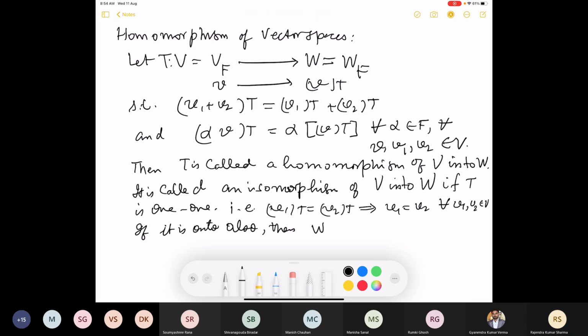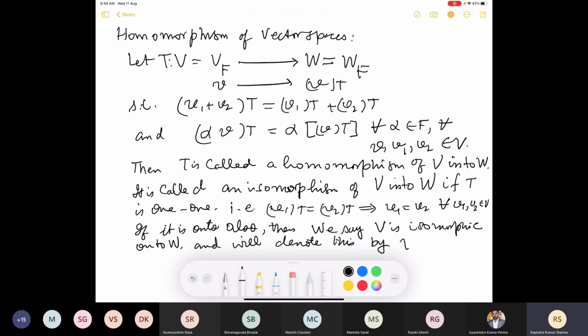then we say that V is isomorphic onto W, and we will denote this by a symbol. You can specify the field if you want to write F here, but that is clear, so you need not specify this.